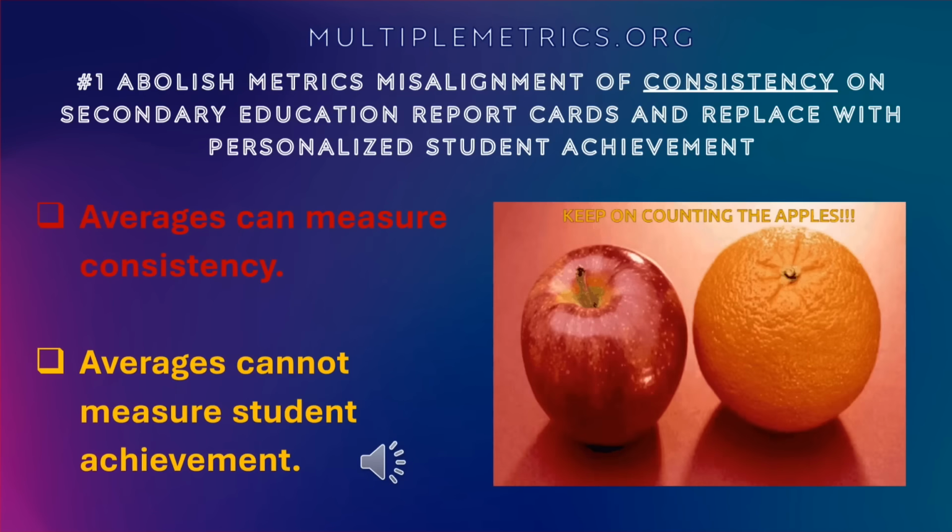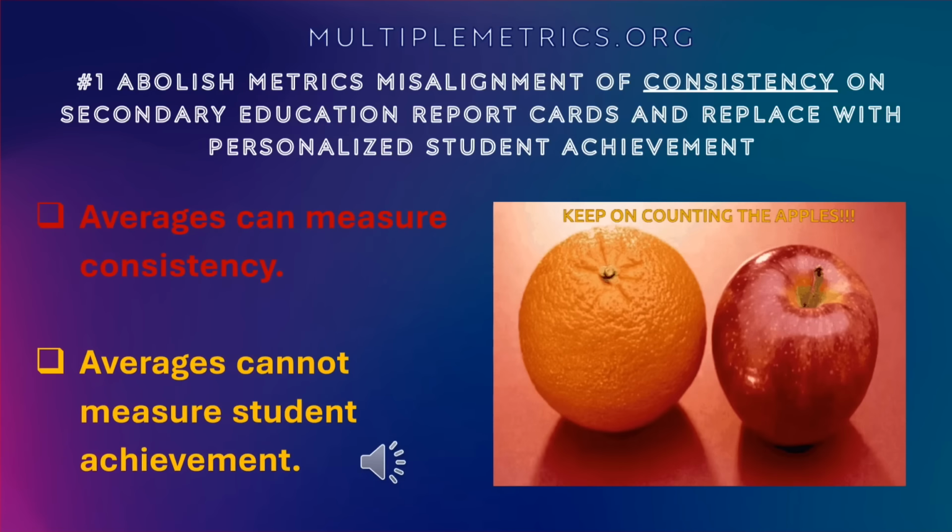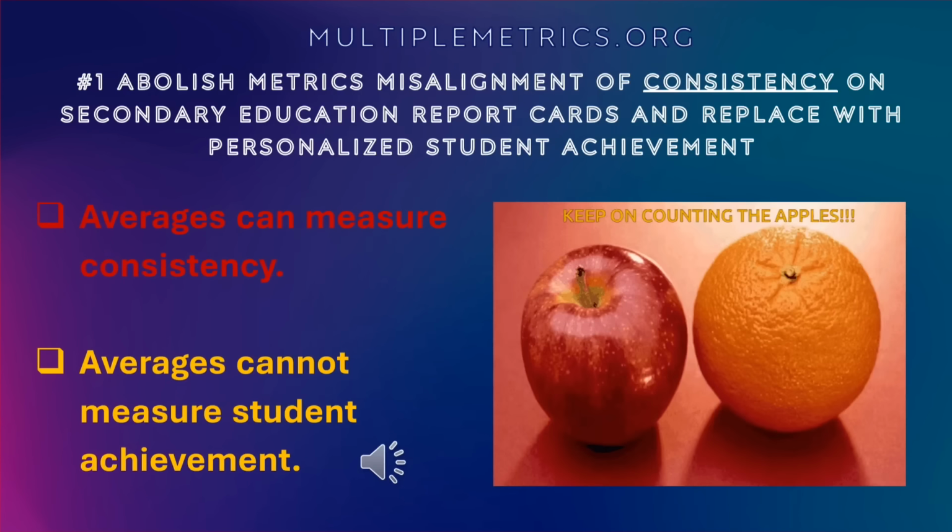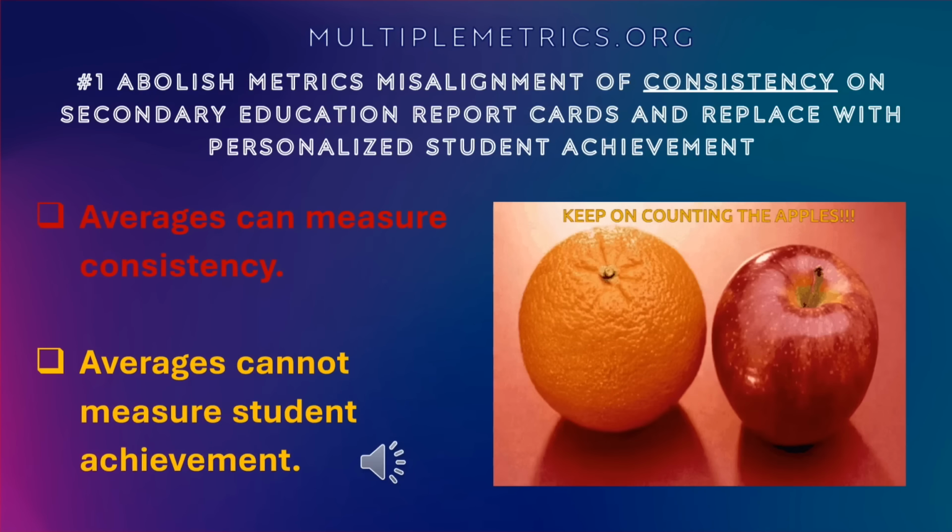Number 1, abolish metrics misalignment of consistency on secondary education report cards and replace with personalized student achievement. Why? Well, averages can measure consistency. Averages cannot measure student achievement. Mathematically, averages cannot measure student achievement.